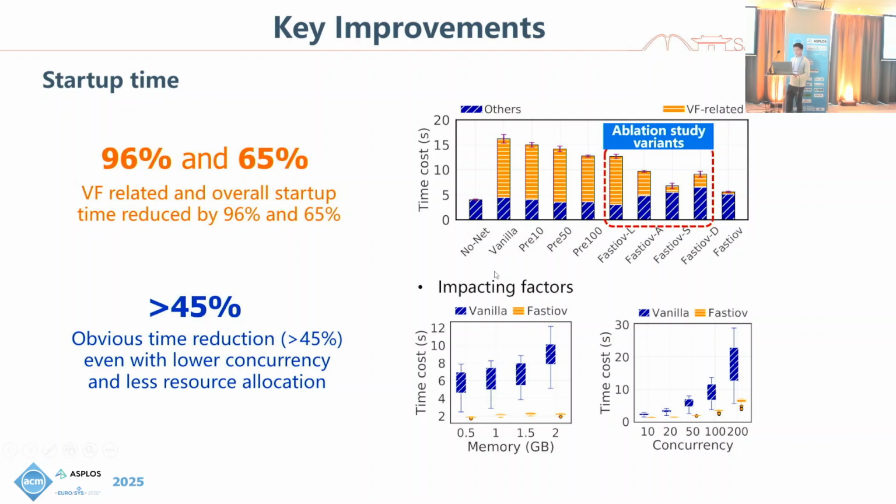We also evaluate our design under different levels of workload. For example, we vary the per-container memory allocation, and we vary the startup concurrency. And the results show that across the different settings, our design can still achieve a time reduction that is above 40%.